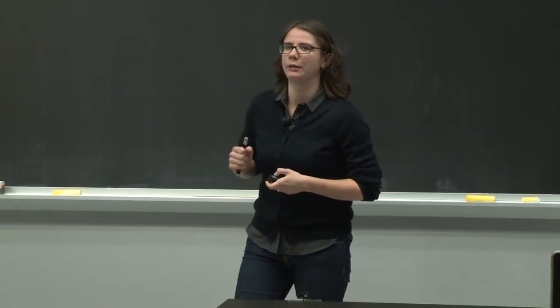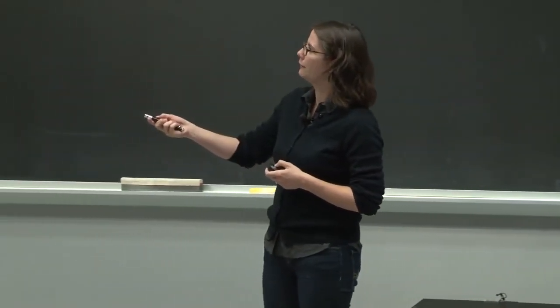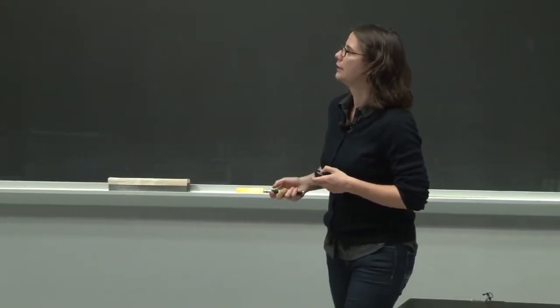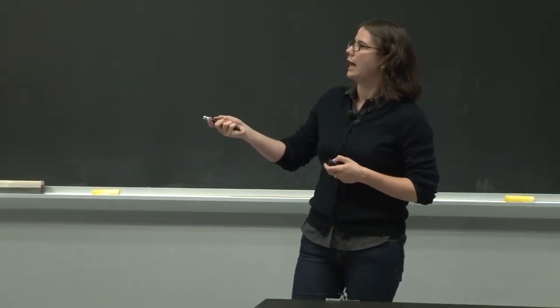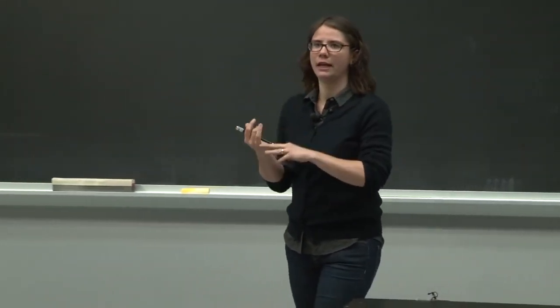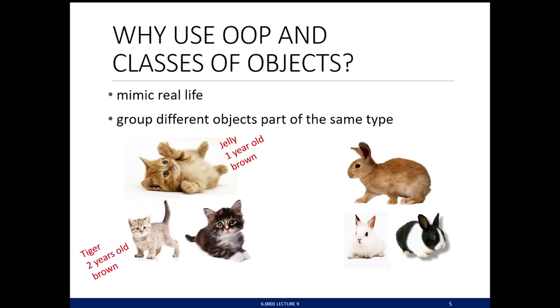So using object-oriented programming, each one of these is considered a different object. And as a different object, I can decide that a cat is going to have a name, an age, and maybe a color associated with it. And these three here on the right, each one of these rabbits is also an object, and I'm going to decide that I'm going to represent a rabbit by just an age and a color.